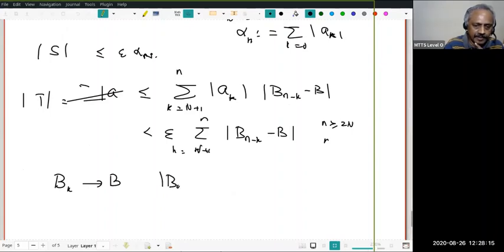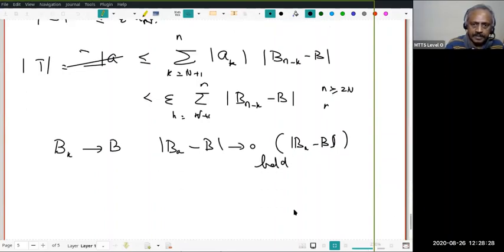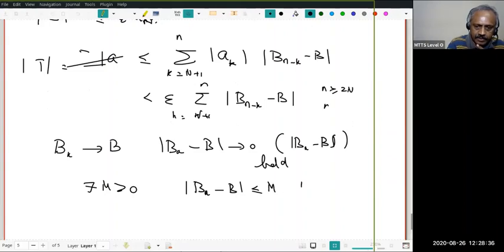Therefore, mod B k minus B goes to 0. Therefore, the sequence mod B k minus B is a bounded sequence, right? You understand this? Therefore, there exists a positive M so that mod B k minus B is less than or equal to M for all k. You understood that?